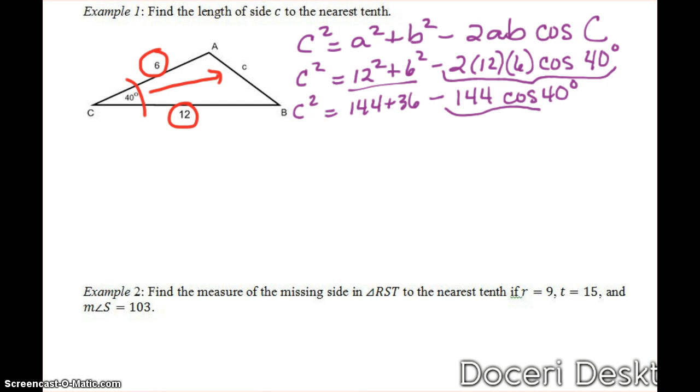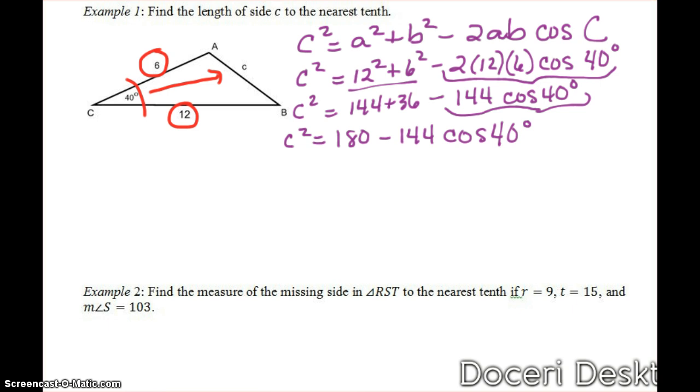Again, this 144 has to stay with the cosine. So now I have c squared equals 144 plus 36 is 180 minus 144 cosine of 40.